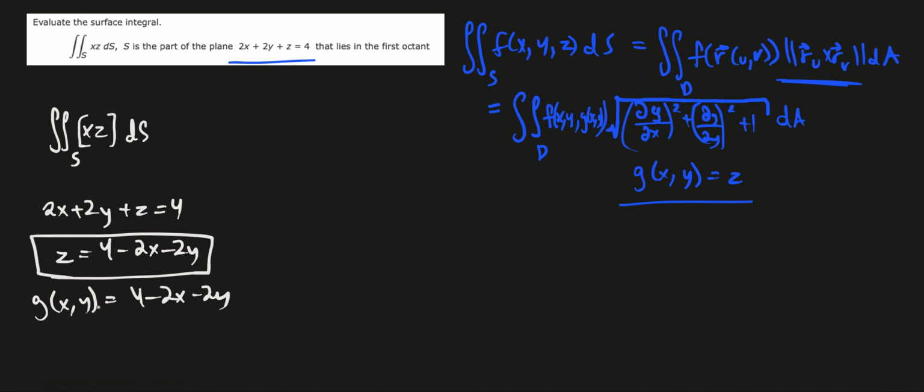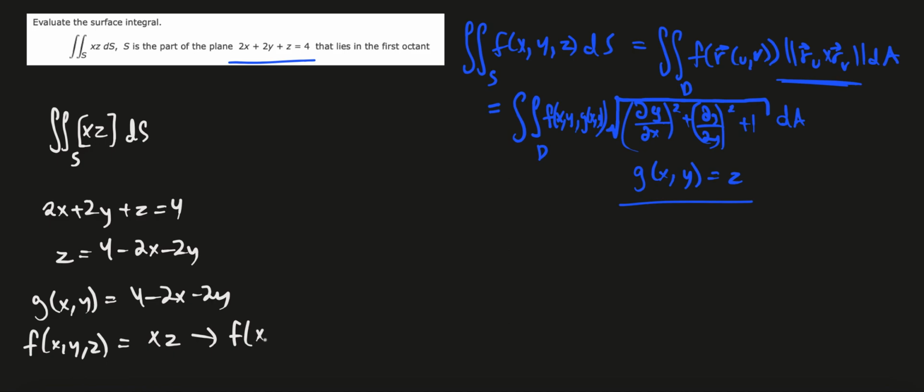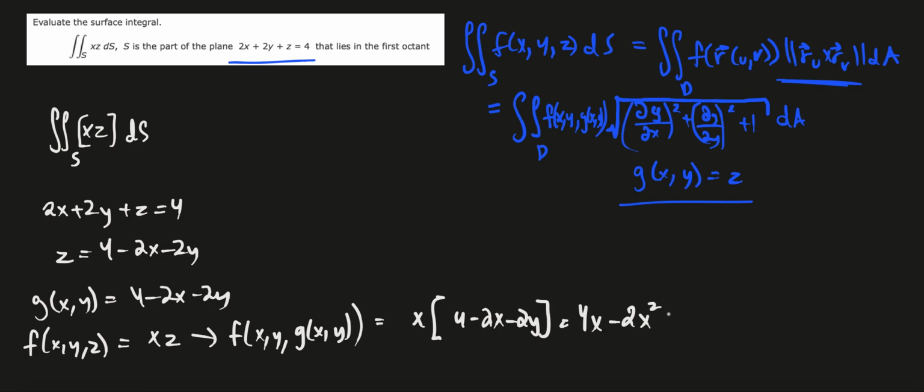That's very good, because now we can write our function f of x, y, z, which is xz, in the form f of x, y, g of x, y, which is x times 4 minus 2x minus 2y, or 4x minus 2x squared minus 2xy. That's what's going in here.